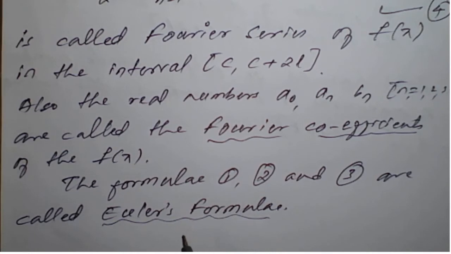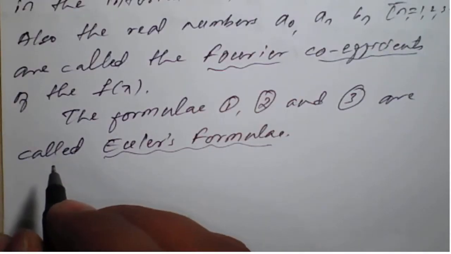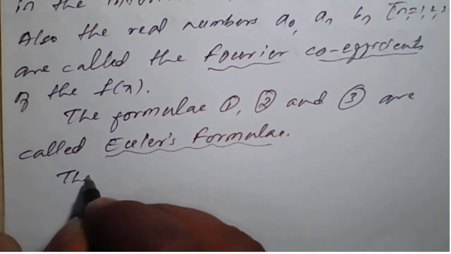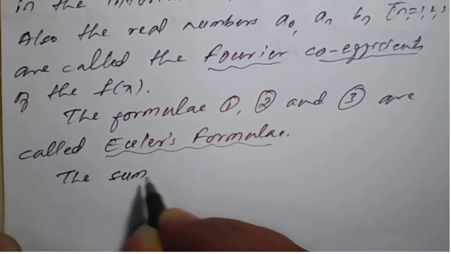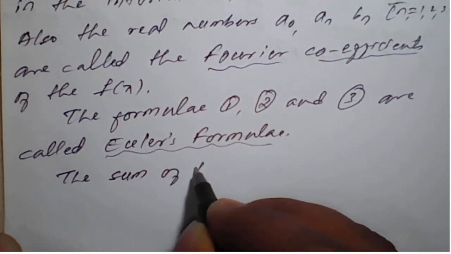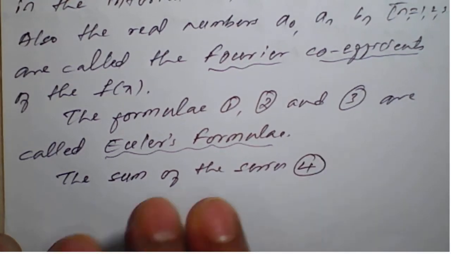Then it can be proved that the sum of the series 4 is f of x if f of x is continuous at x. So the sum of the series 4, what is 4?